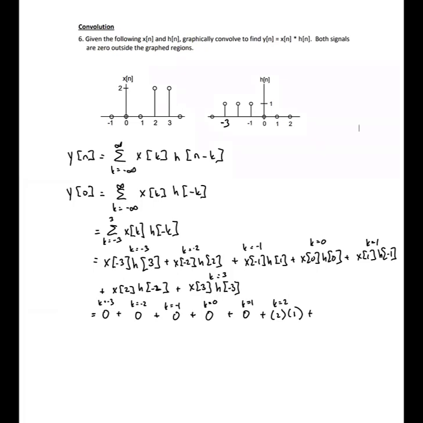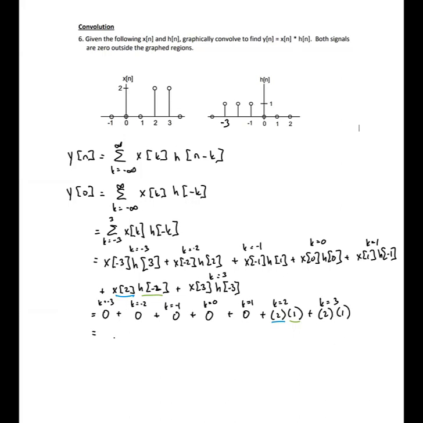So just to make it perfectly clear where we got those numbers, this number is this, and this number is this. Continuing on for k equals 3, we have x of 3, which is positive 2. And we have h of negative 3, which is positive 1.